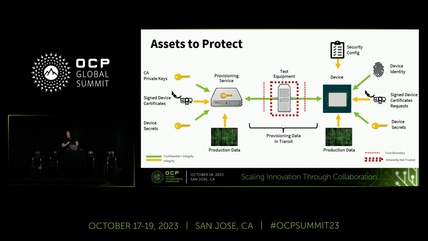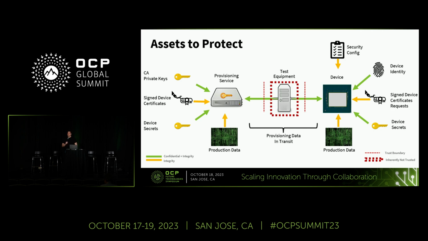So what are the things we're trying to protect here? If we're trying to certify a device, what do we actually care about on these two ends, the provisioning service and the device? We have certificate authority keys. We have the device identity information, such as serial number and UDS. There's other secrets being issued to the device, think HTTPS keys.